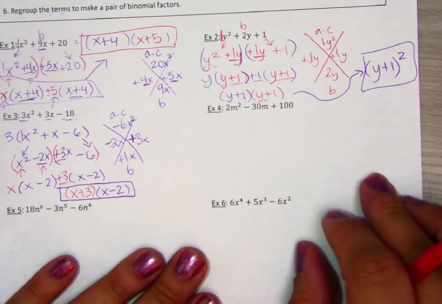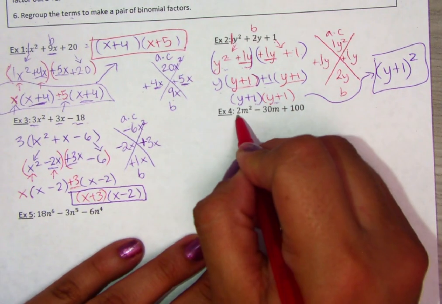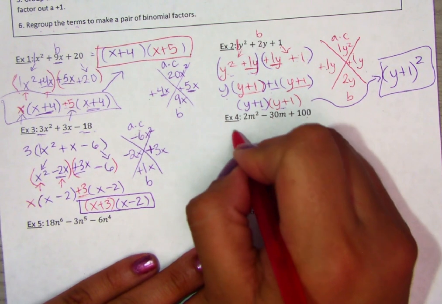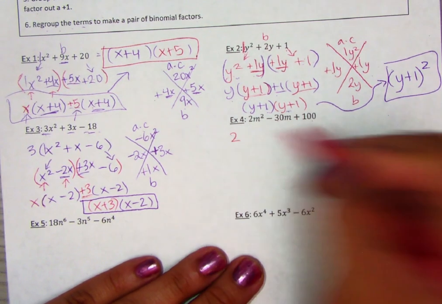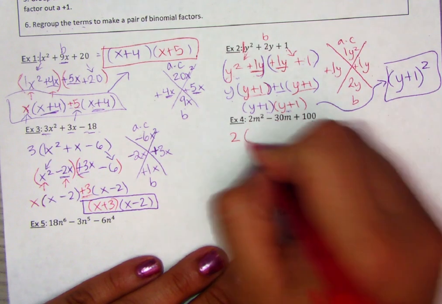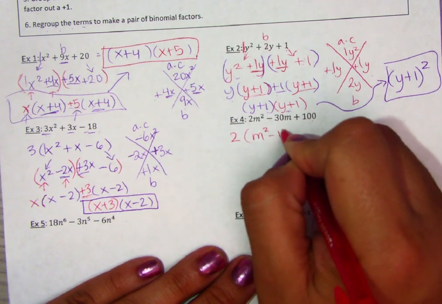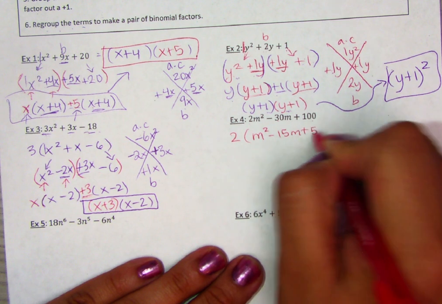Okay, let's try the next one. We have 2, 30, and 100. All of those are divisible by 2, so we're going to have 2 as our GCF. If we divide all of these by 2, we're going to have m squared minus 15m plus 50.